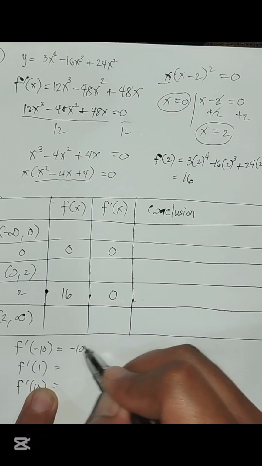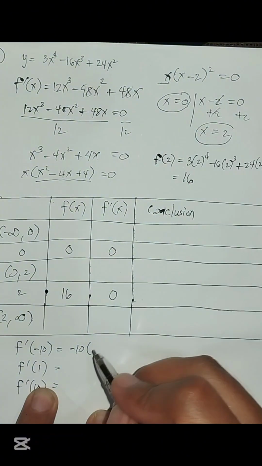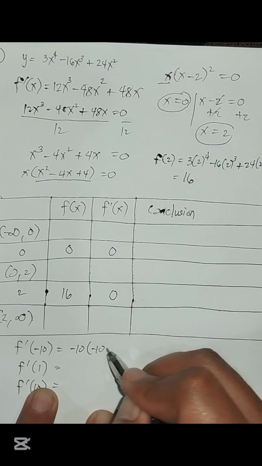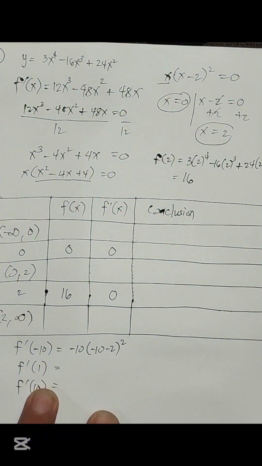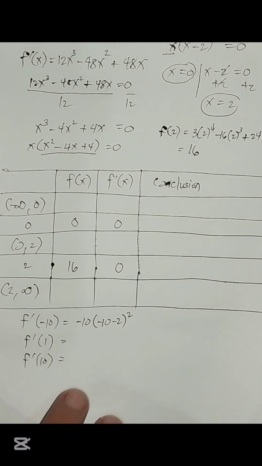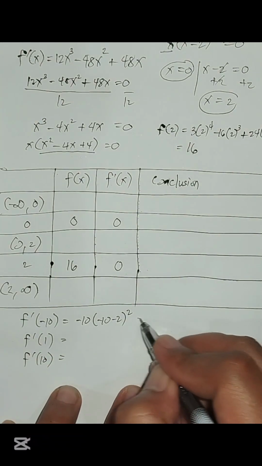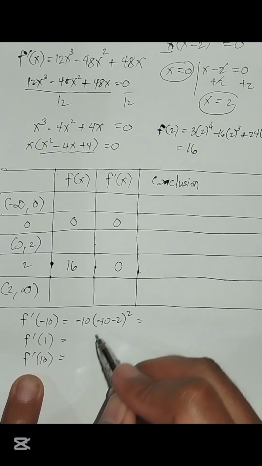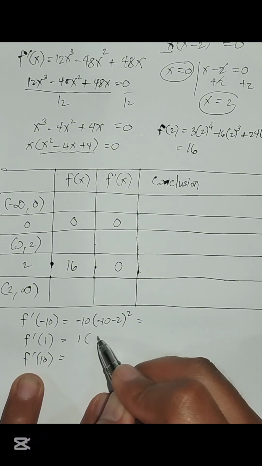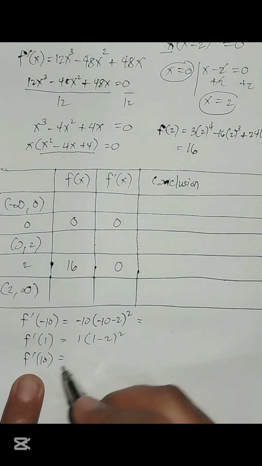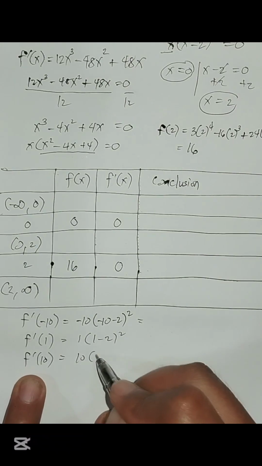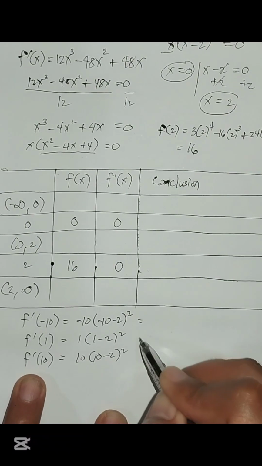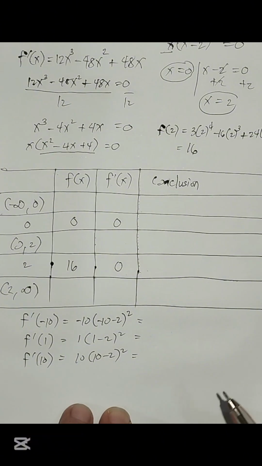We have negative 10 times negative 10 minus 2 squared. Again, we are only interested in the sign. For 1, we have 1 times 1 minus 2 squared. And for 10, we have 10 times 10 minus 2 squared.